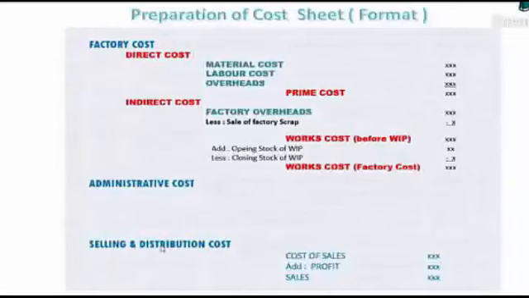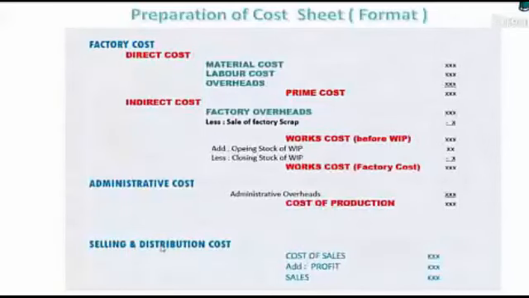But this direct cost incurred in a factory is divided into three parts: material, labor, overheads. Total is prime cost. Then you add indirect factory cost, we get works cost. Technically adjust the work in progress, we get the ultimate works cost, what we call a factory cost. In this works cost, if you add administration overhead, we get the cost of production.